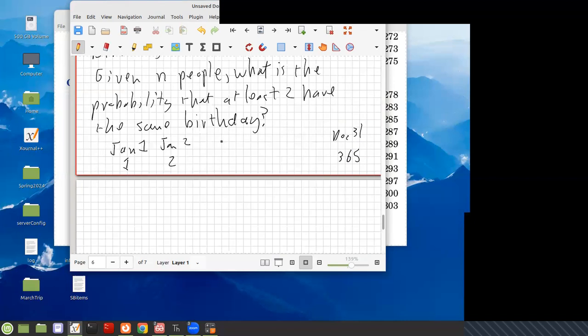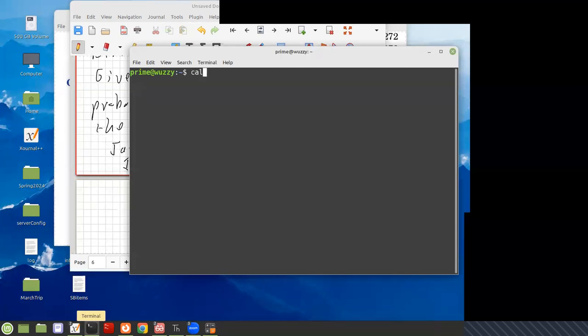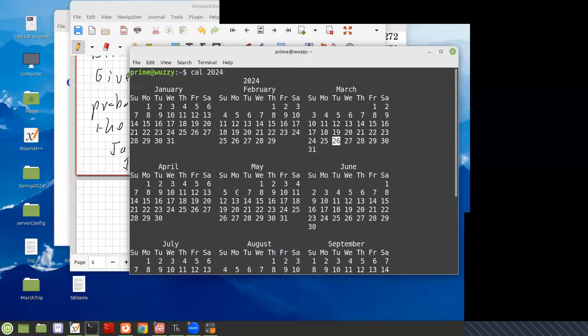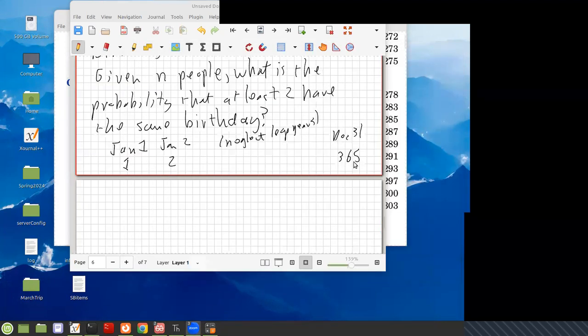Now, we can neglect leap years. In fact, this is a leap year, right? Because if I look at February here, I have 29 days, whereas usually February is only 28 days. If we assume that some people would have birthdays on February 29th, they would sort of get left out of this.